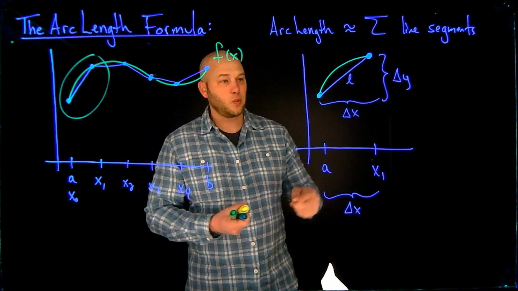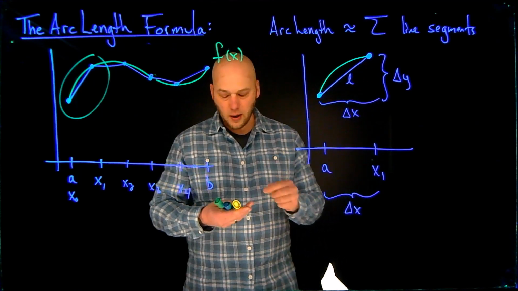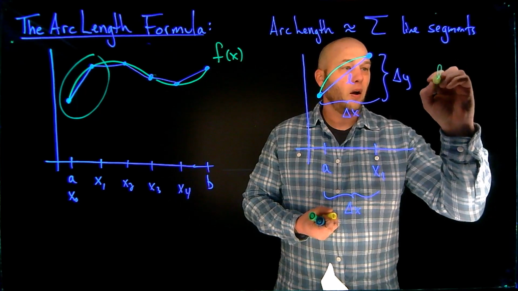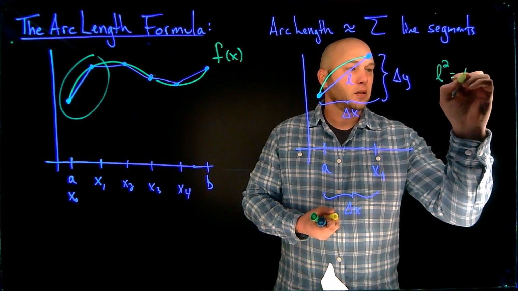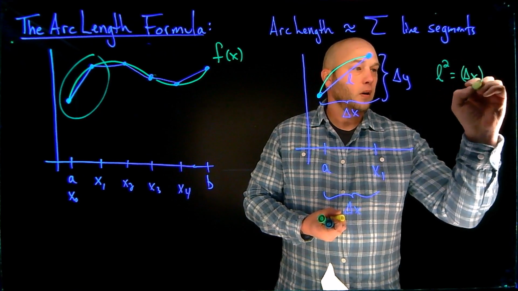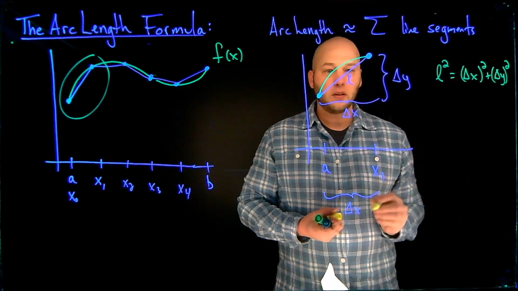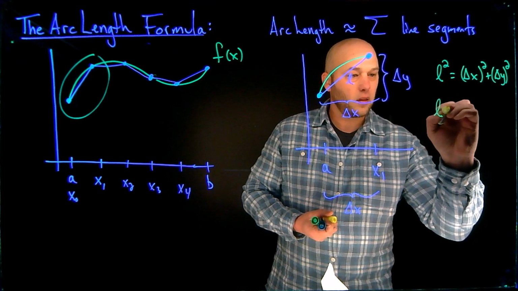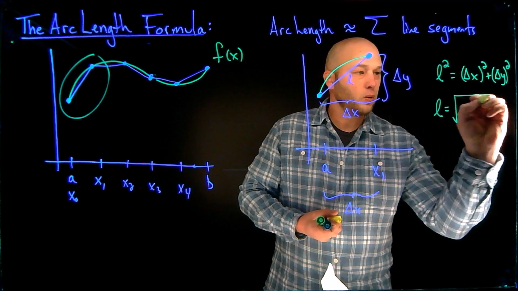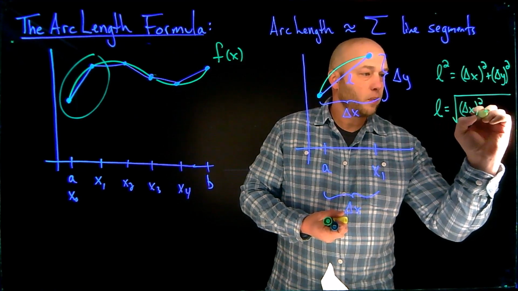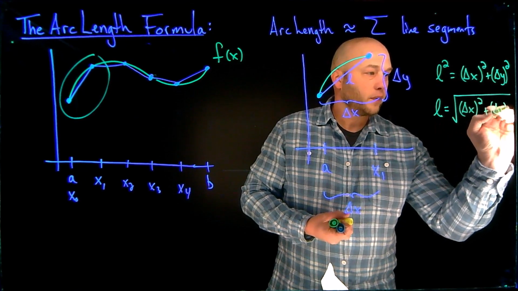Well, of course, this represents a right triangle. Therefore, I know that the square of the length is the sum of the squares of the sides, and therefore the length is going to be the square root of the change in x squared plus the change in y squared.